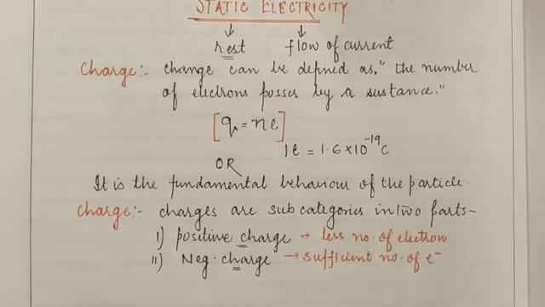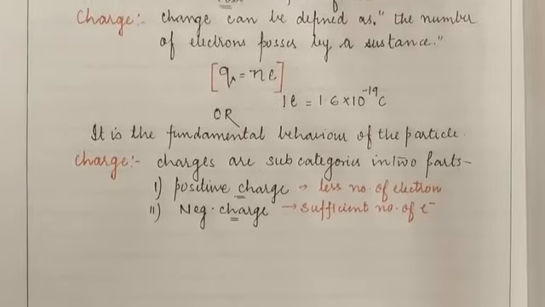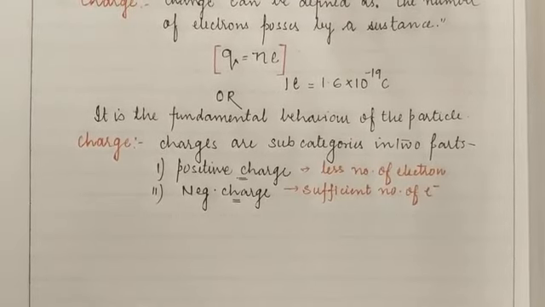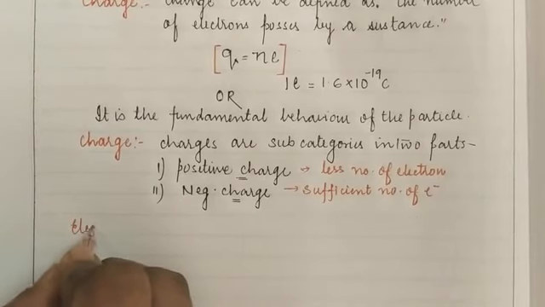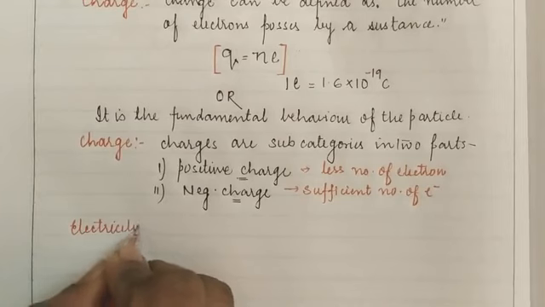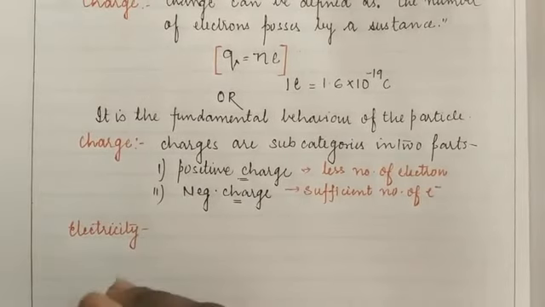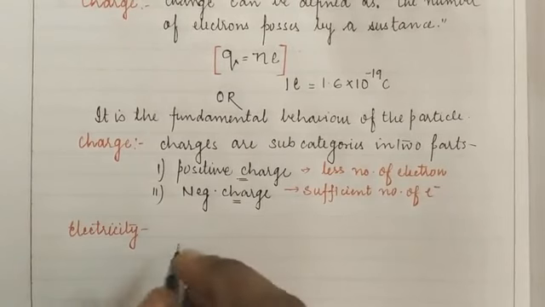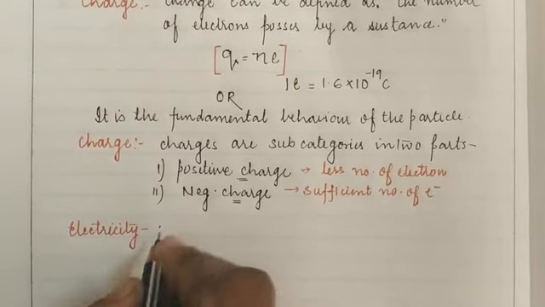Okay students, as we have learned what we mean by charge, now we are turning towards electricity. What do we mean by electricity, or electric current? As we know, electricity is nothing but a flow of electric current from one place to another place. Electricity is a form of energy.